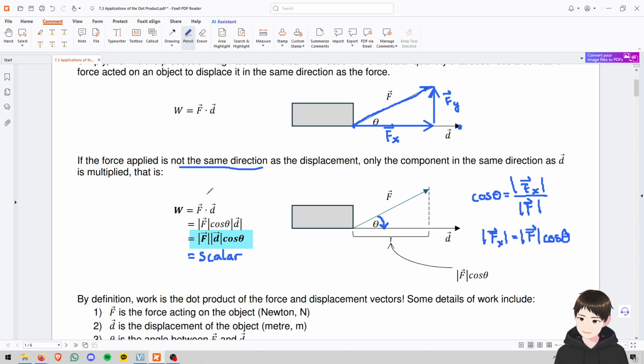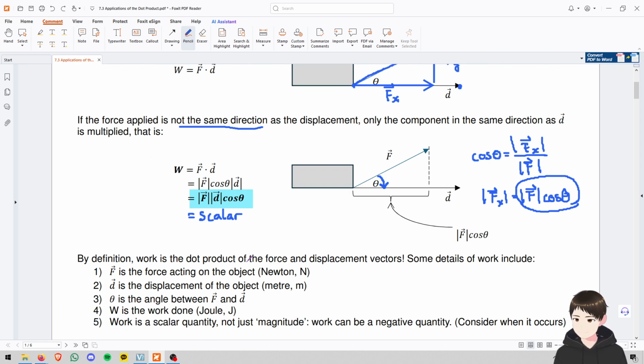Since I am only interested in the useful amount of force, or the useful amount of work, I take the x component and multiply it with the magnitude of the displacement. That's where the d comes from. And so there is my formula.